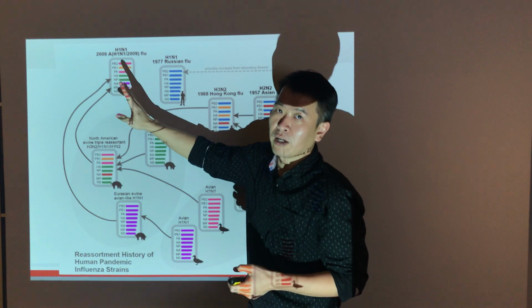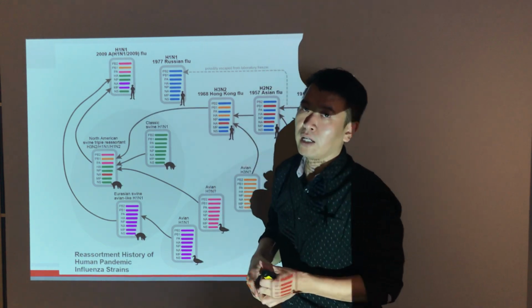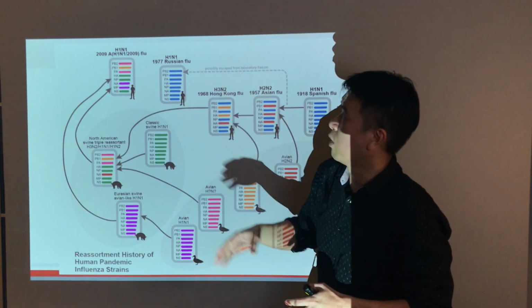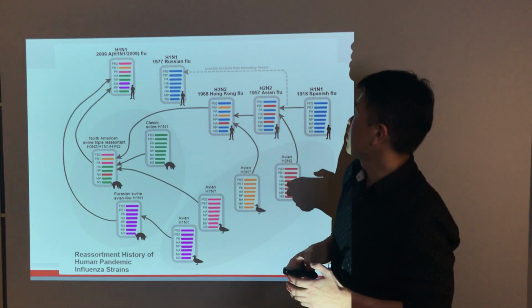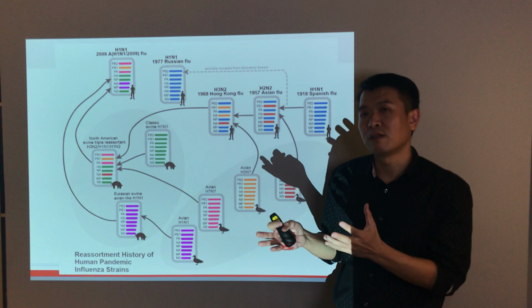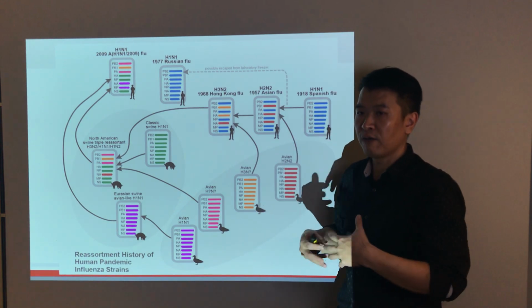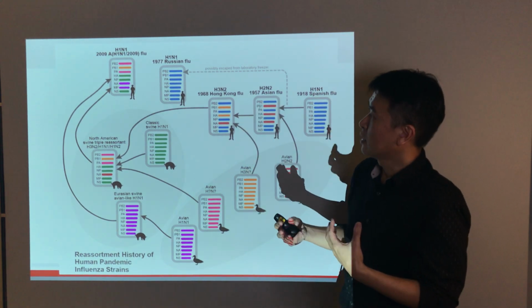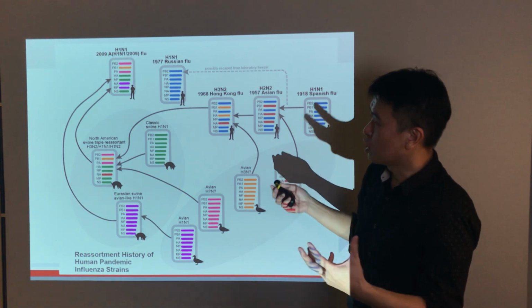So this is the one that caused the pandemic in 2009. Again, if you want to study more about this, you can go to the CDC website. So this shows how dangerous the flu virus is because of these reassortments that allow a new virus to be created.